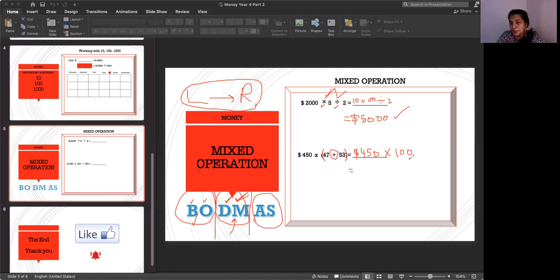To multiply by 100, I can just move my decimal 2 places to the right. So from here, it moves 2 places to the right and you put in 2 zeros there. You would now have the answer, 45,000. Then that's your answer. Done.